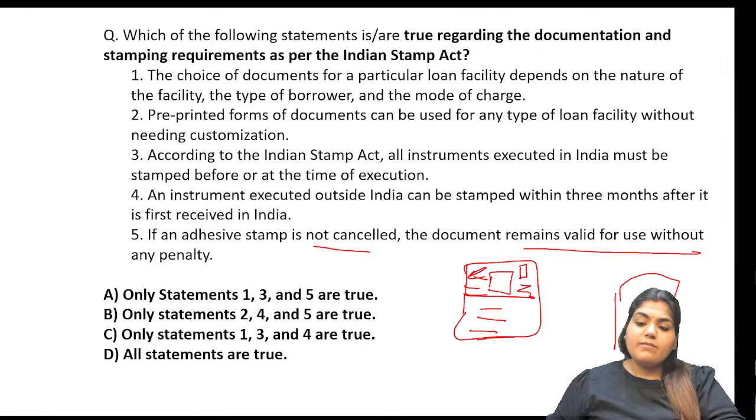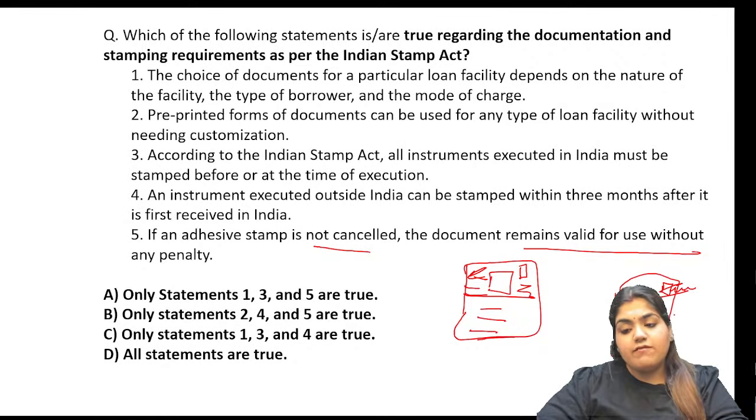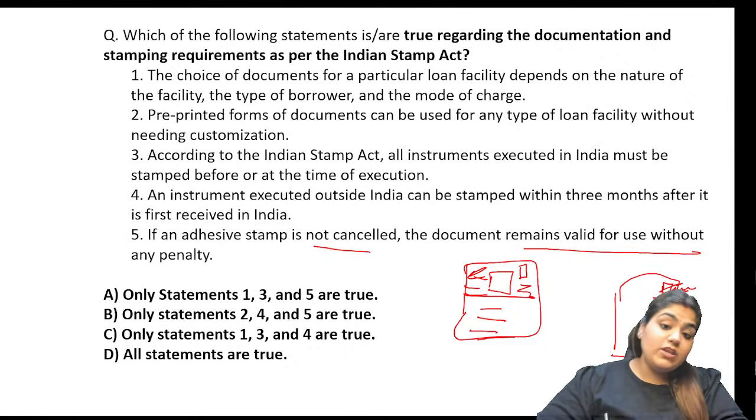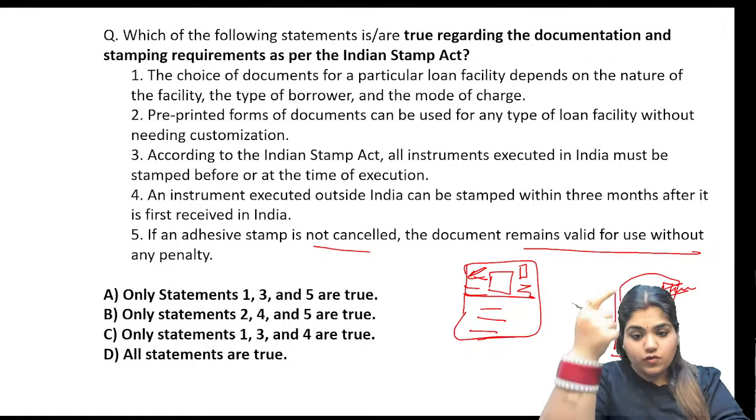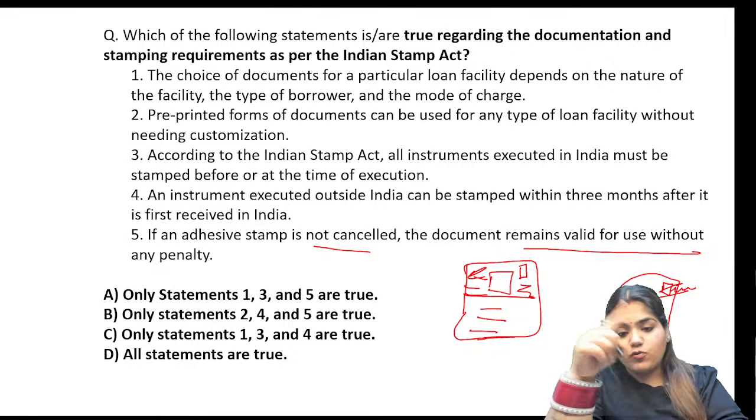And there is a piece of paper on which you put a small stamp. This small stamp is cancelled by the notary, and that stamp is signed as well. If the stamp is not cancelled, it is not a proper document. If there is a requirement of a stamp, or that the document should be on stamp paper, then you need this. Either you use this one, or if you're using this one, you need that stamp to be cancelled. The cancellation of the stamp is important.